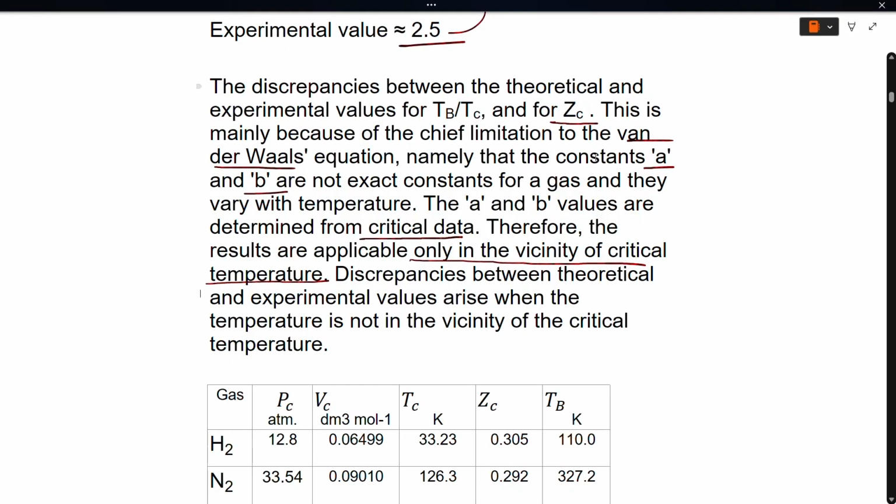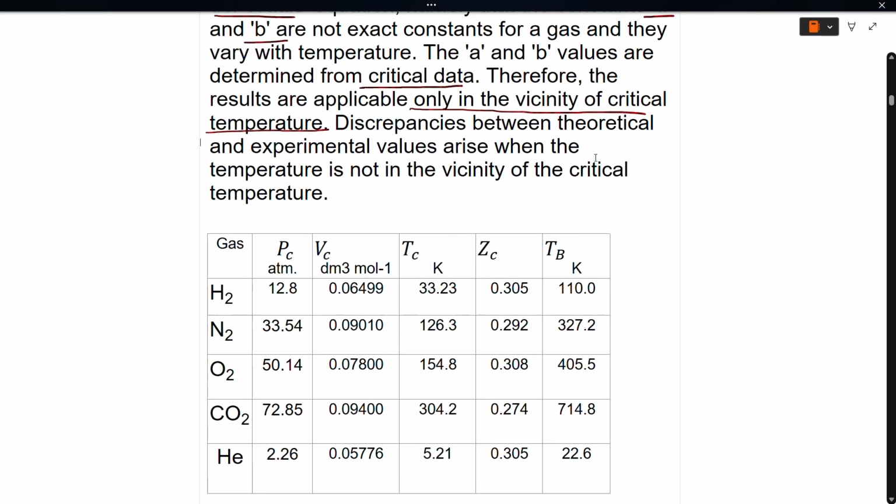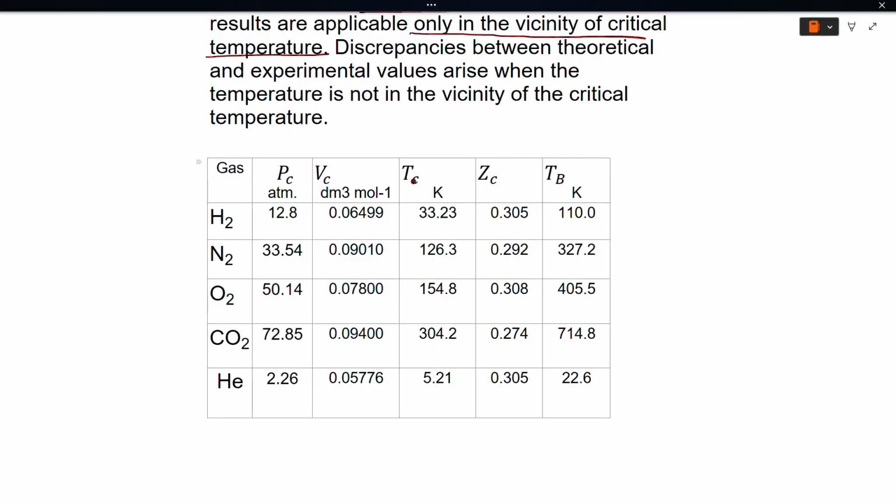If it is in the critical conditions, we will have all these values approximated, very near to the theoretical value. Now, some of the values of PC, VC, TC and ZC are given for the gases hydrogen, nitrogen, oxygen, carbon dioxide and helium.